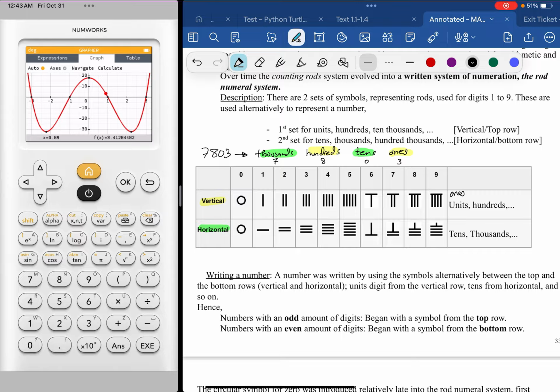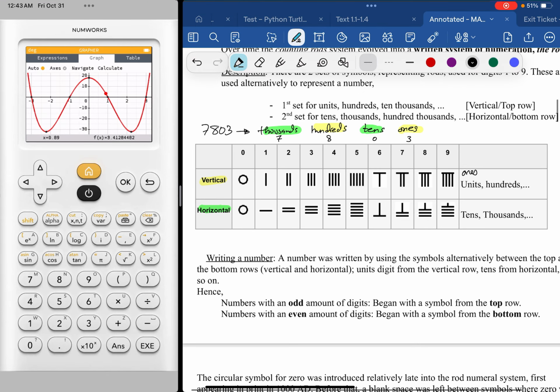So the way I would evaluate 7,803: I have the thousands place, which goes into my horizontal category. I would look for the 7 in the thousands place, but that's reading it from left to right. If we want to be consistent with the way it should be done, we really should be reading it from right to left.